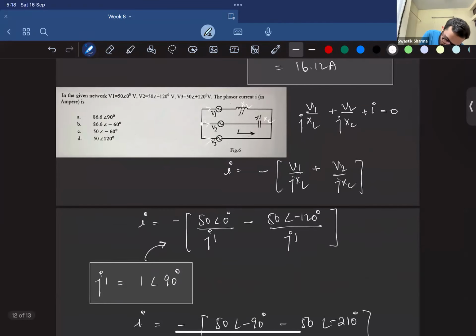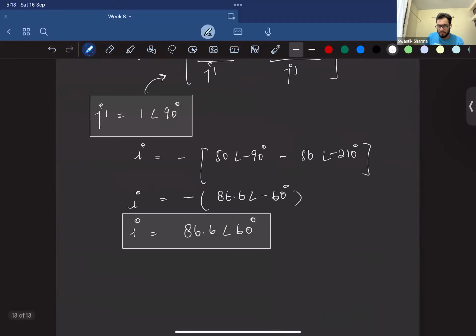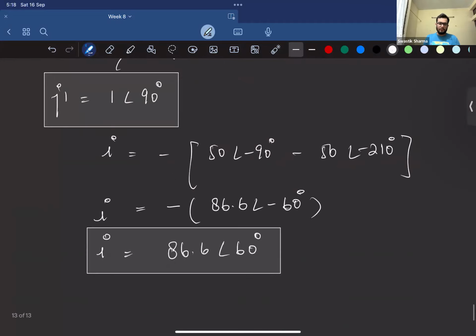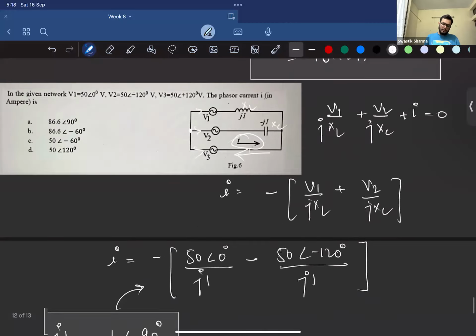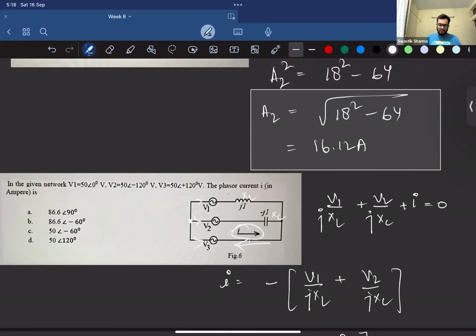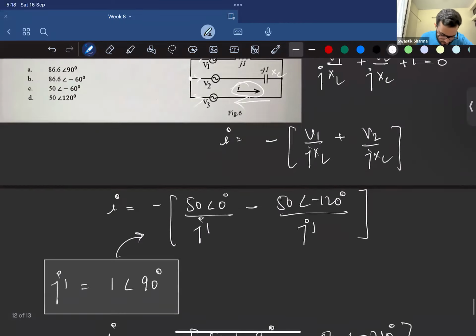That's because what they have calculated is this current, the direction is opposite, but since we are already given the direction of I over here, we have to take that into account as well. So hence it would come out to be the negative of that value, which is 86.6 angle 60 degrees. So always see what the direction is given and then calculate the phasor current, because phasor is a vector quantity, it's a rotating vector, and a direction is an essential component to quantify that value.